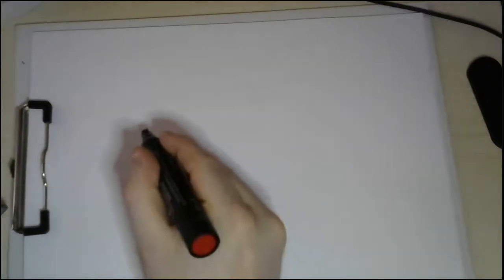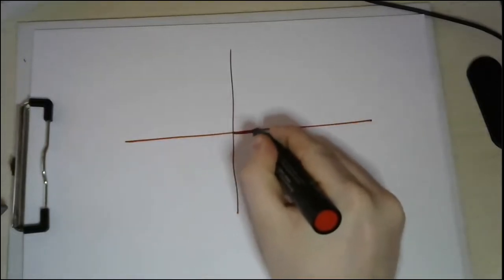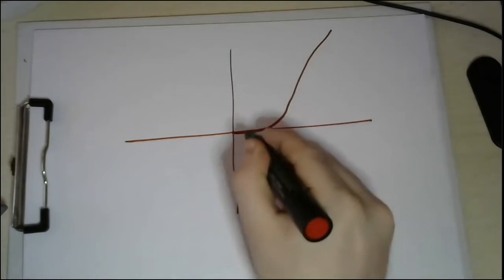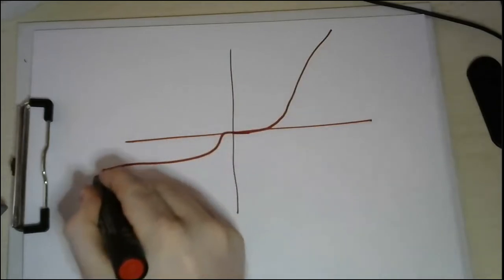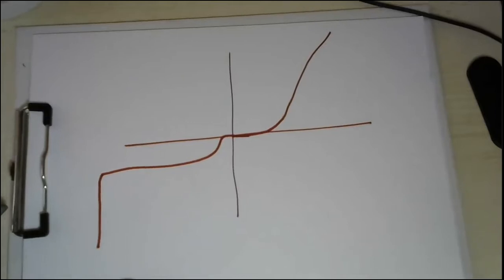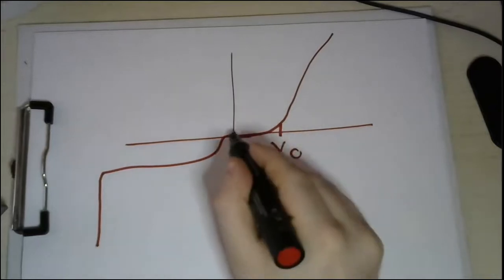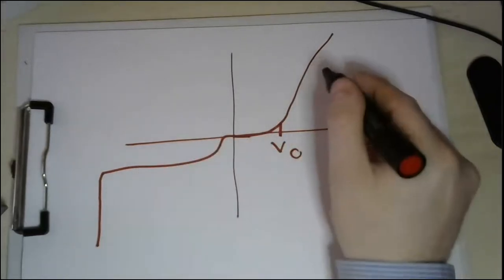Okay, perfect. So typically the IV characteristic for a diode looks like this. This is the IV characteristic for a diode. We have here the V naught, and this is the reverse region, and this is the forward region.